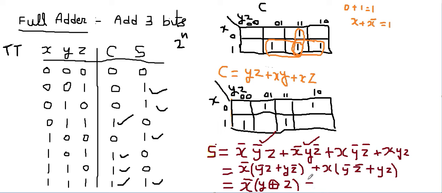And for this one, this is your x, and this function represents your XNOR gate. For the XNOR we have two symbols. We can write y and then a cross symbol with a circle.